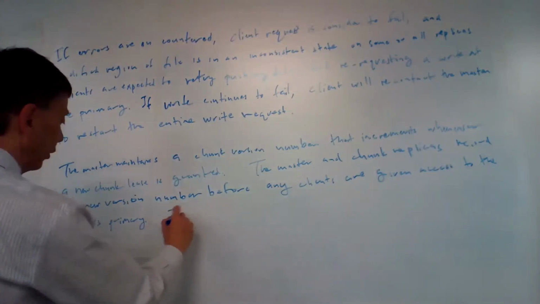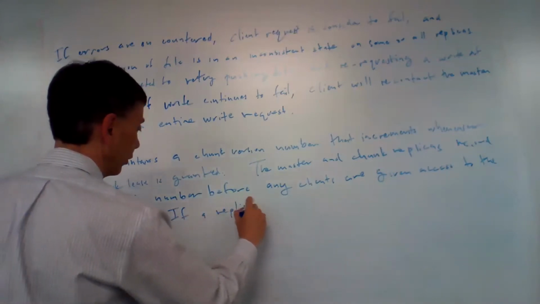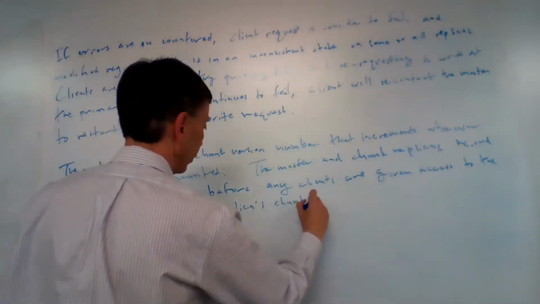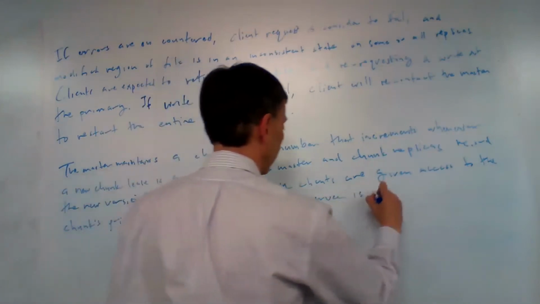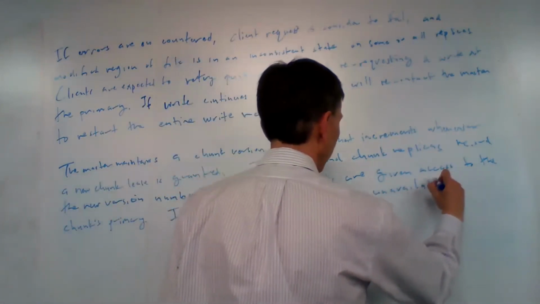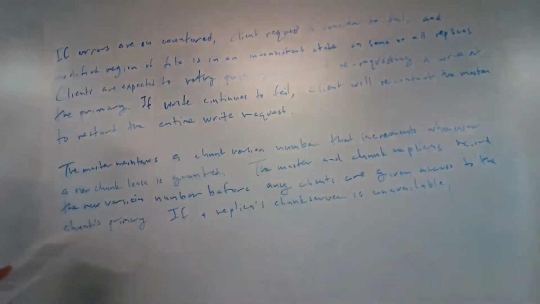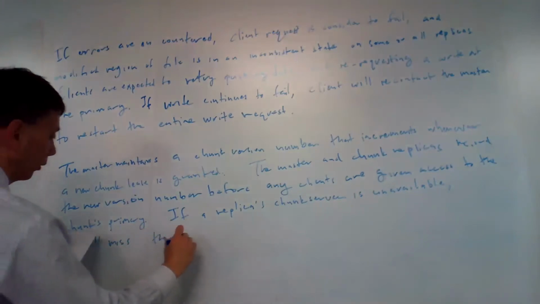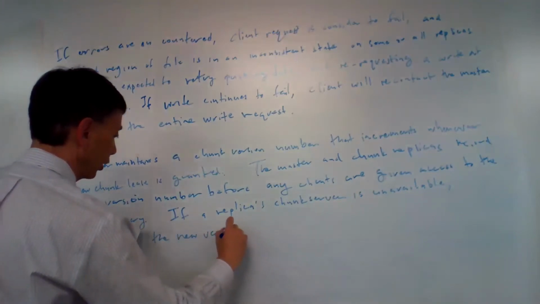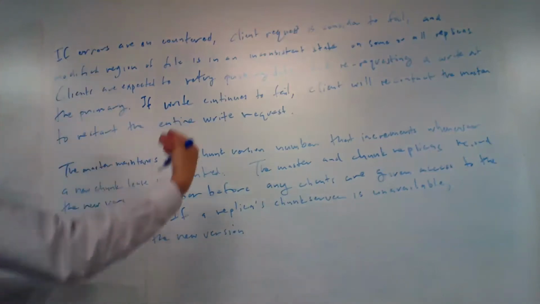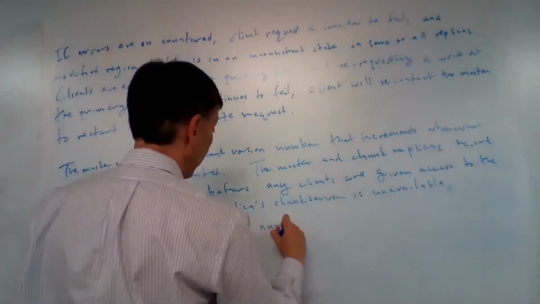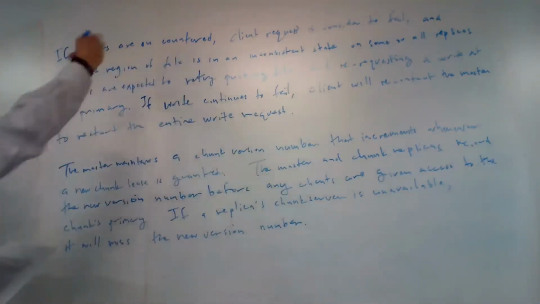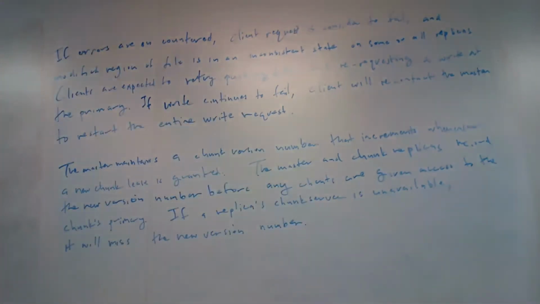And if a replica's chunk server is unavailable, which would be the assumption if this write is continuing to fail, it will miss the new version number, right? If it's failed, it won't be able to ask for the new version number when this write request that was failing was attempted, okay?